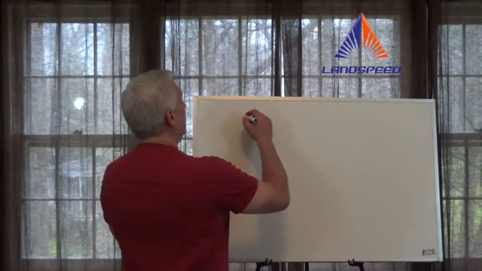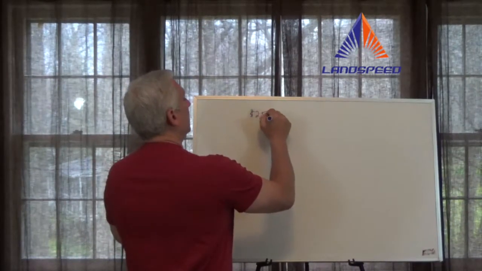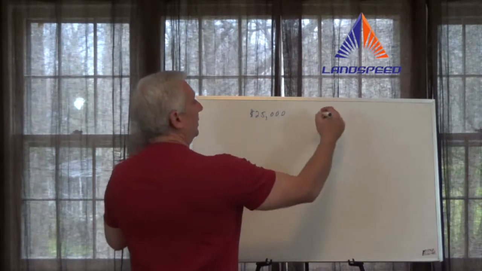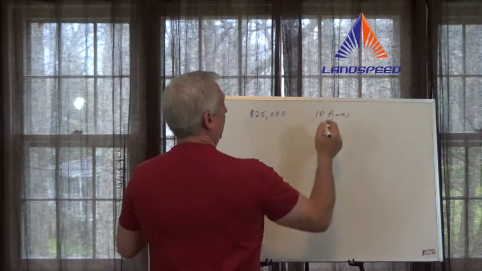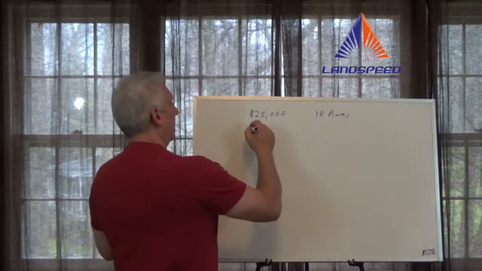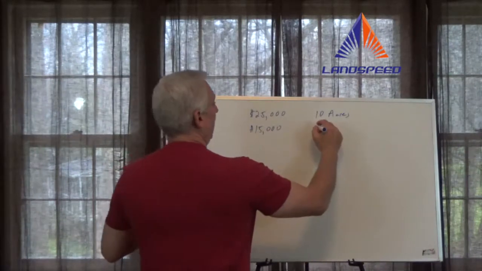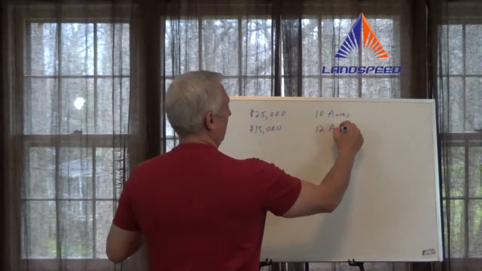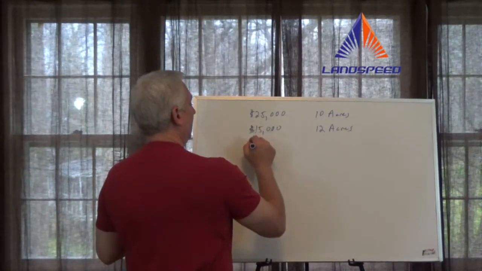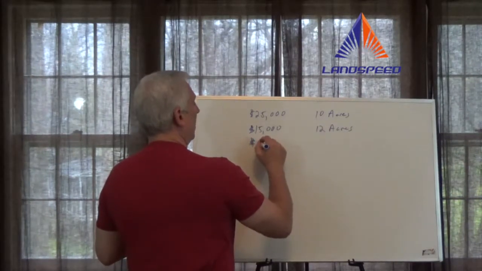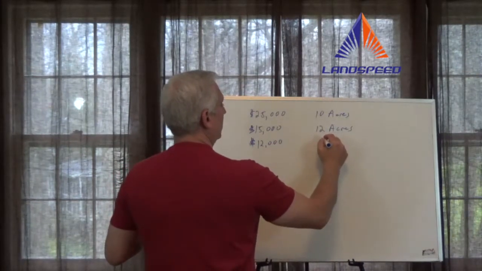So I might see a property for $25,000 and it's 10 acres. And then I've got another property in the county that's $15,000 and it's 12 acres. And I've got another one that's $12,000 and it's, let's say, 6 acres.